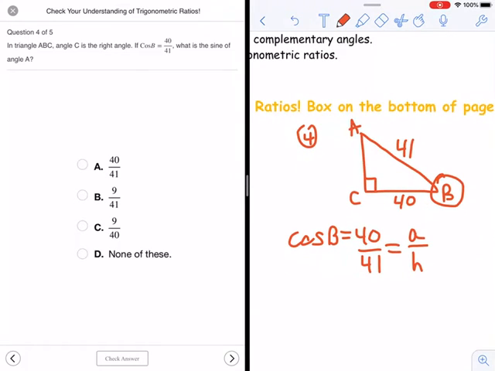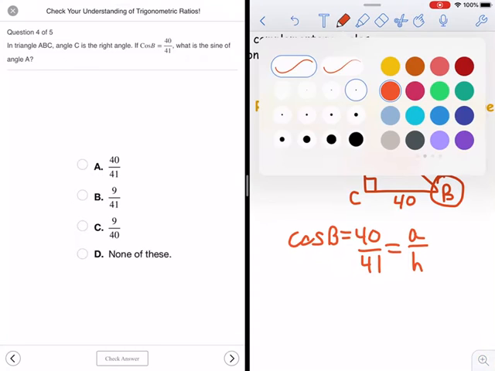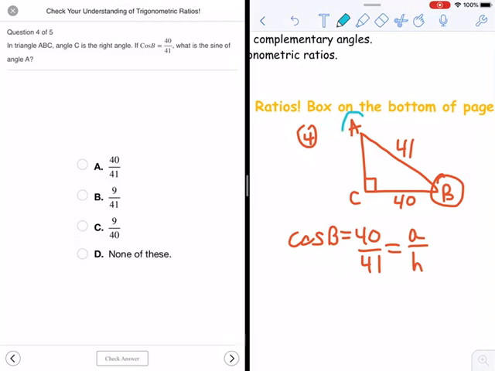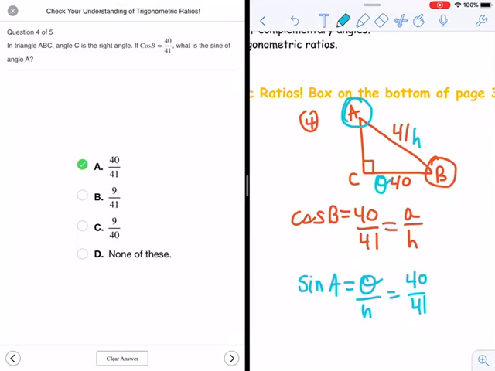Alright, now it's saying what's the sine of angle A? So sine of angle A is going to be opposite over hypotenuse, which is going to be 40 over 41, because this side's opposite, that's the hypotenuse. Boom, nailed it.